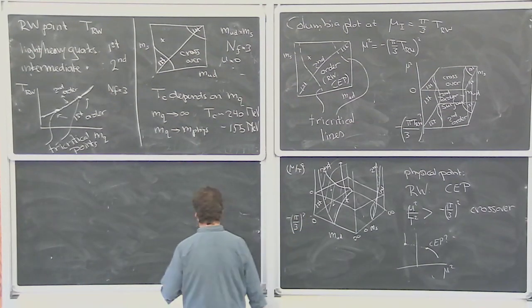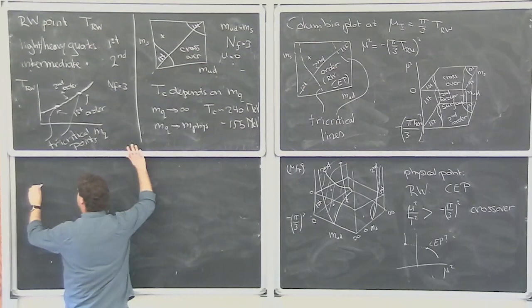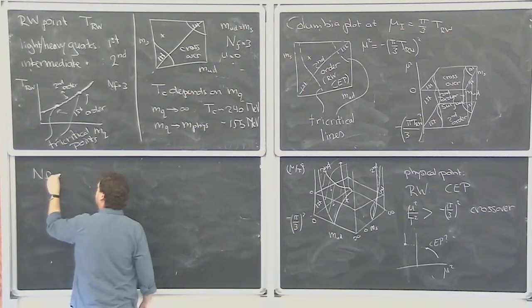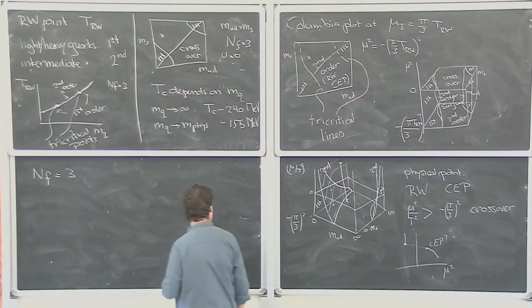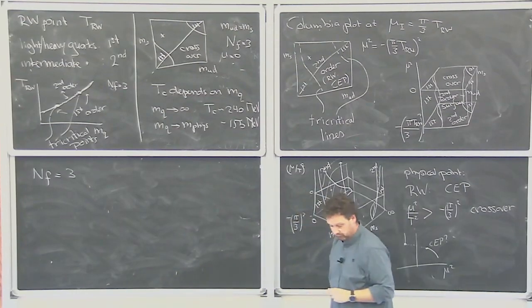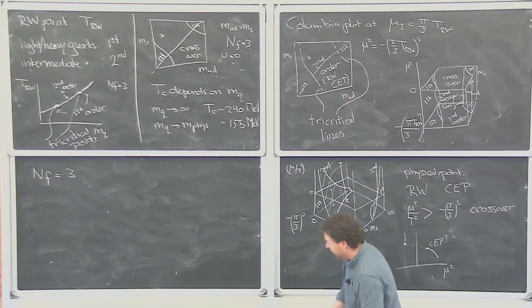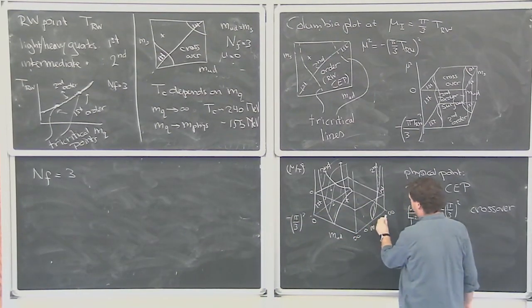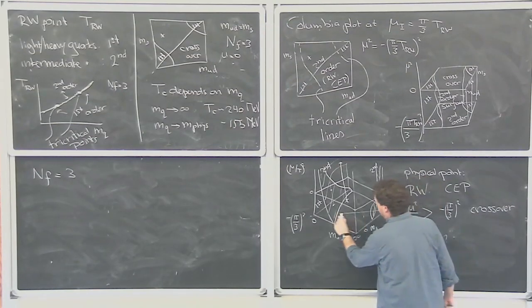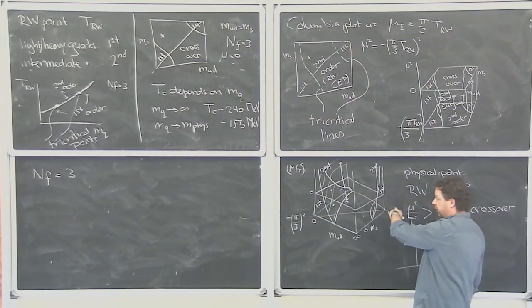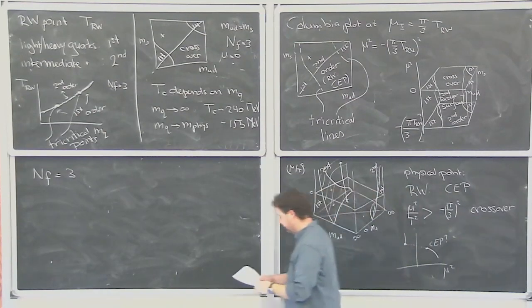So let's go back to this graph here, and let's consider again the three flavor case. So I'm going to go along this line here and just look at this two-dimensional plane for three flavors.